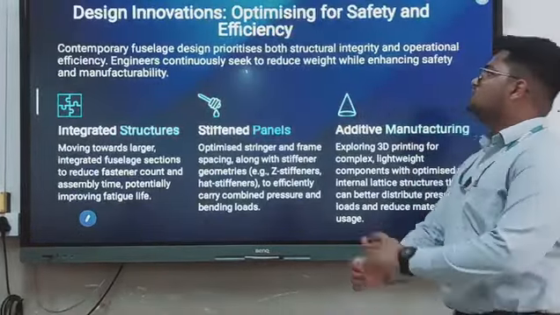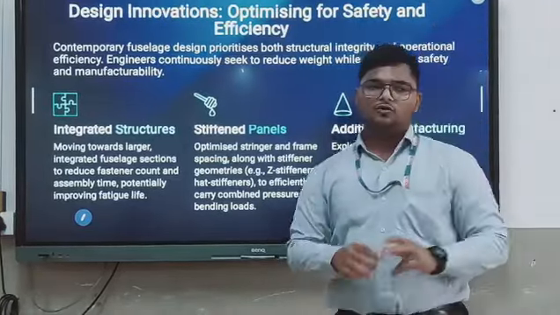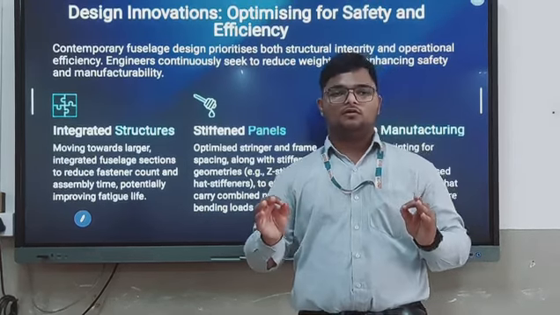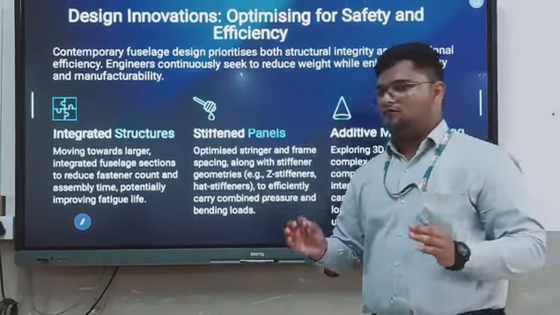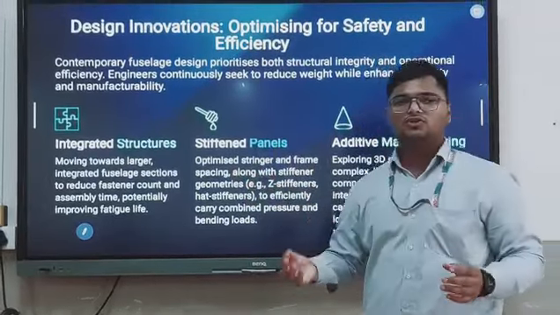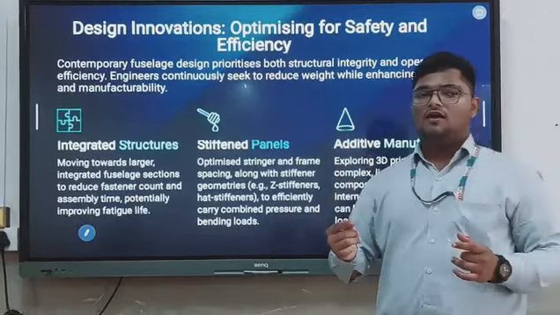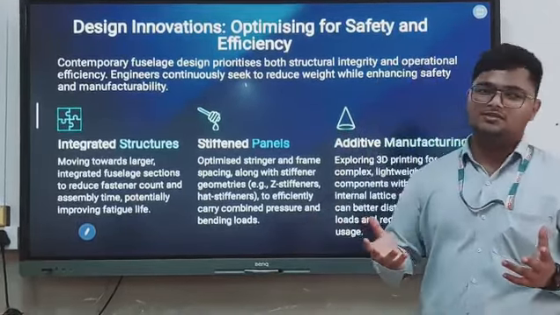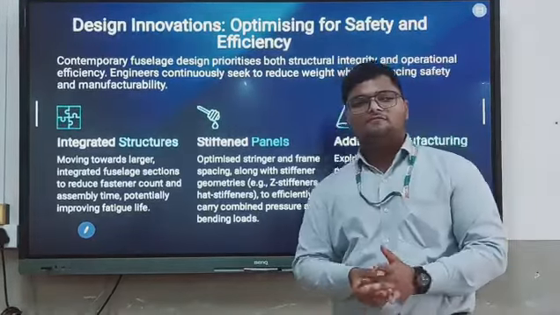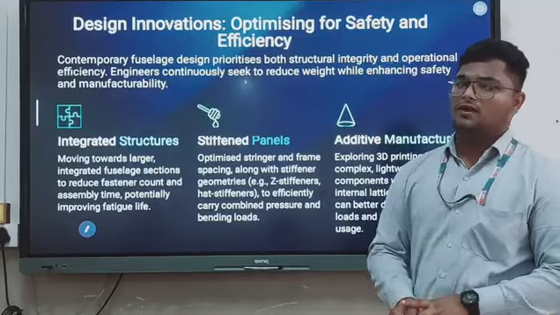Then we have design innovations, optimizing for safety and efficiency. Of course, safety is the most important factor in aircraft. We are traveling 10,000 feet above, so we need to ensure that our flight is safe. We have 200 or 300 passengers to look after, and the engineers have made sure that safety is the most important factor.